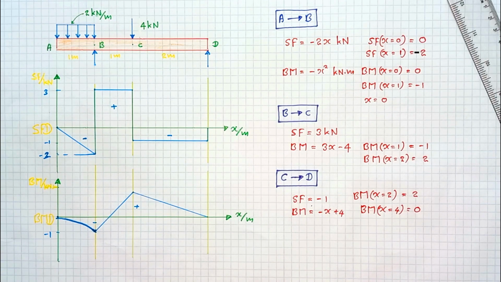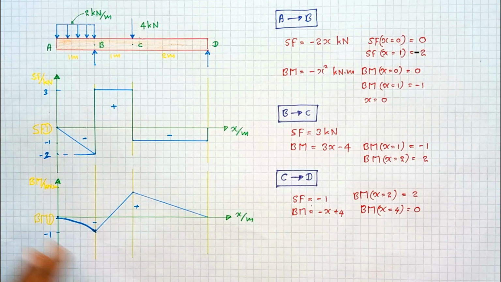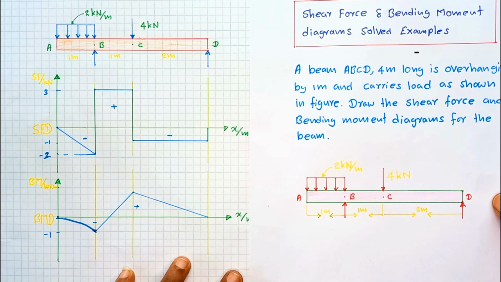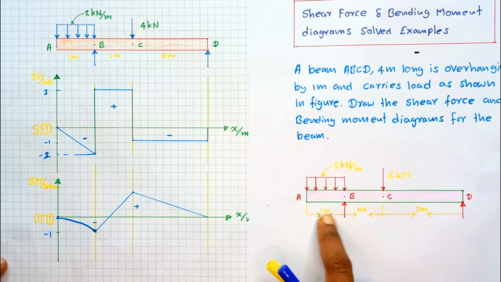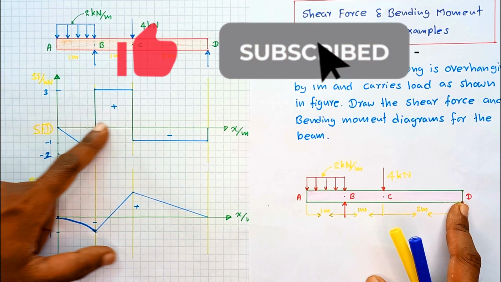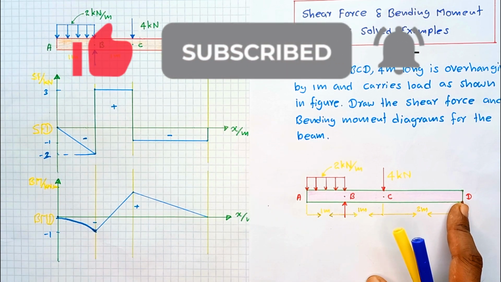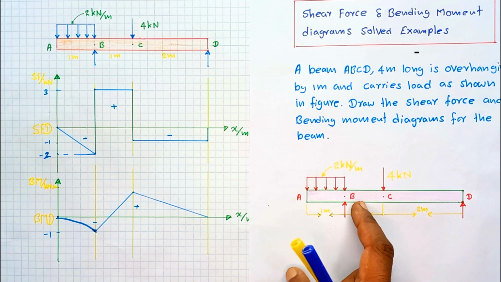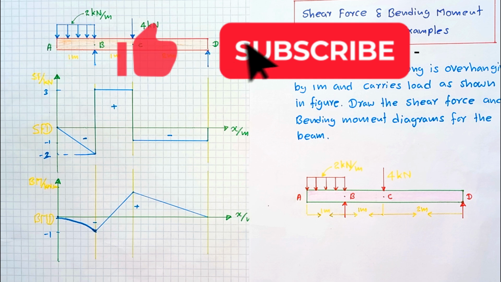Okay, this is how shear force and bending moment vary throughout the length of beam A to D. I think you all got a very clear idea how to do the shear force and bending moment diagram for this kind of problem.